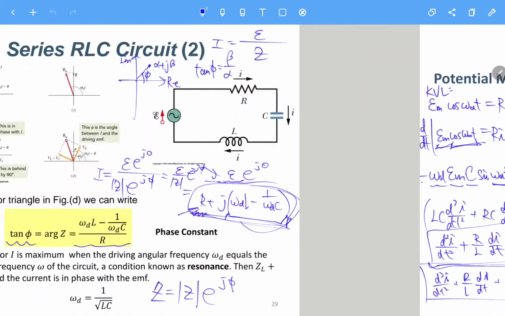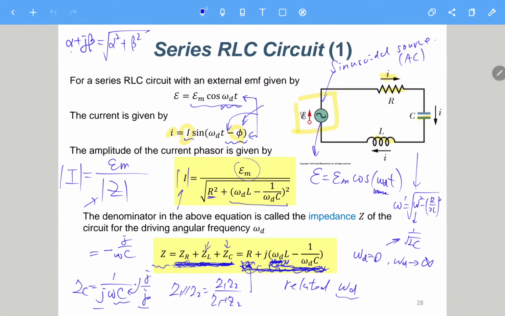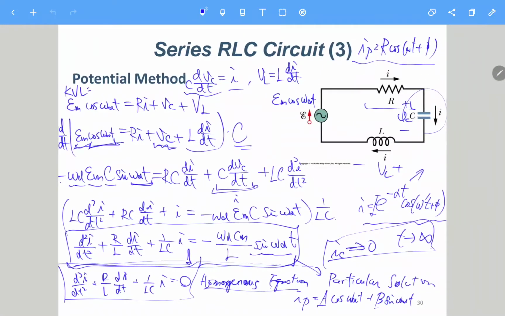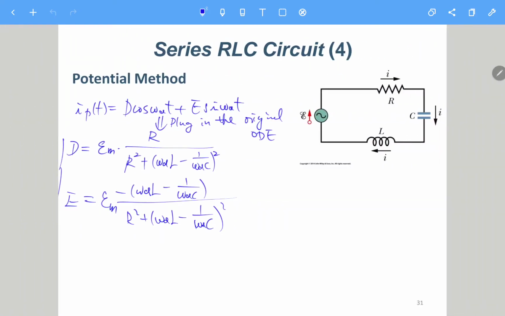So if you don't know anything about the phasor, then you can just take the traditional step, and try to write the KVL for the circuit. It may take some time to really write the correct ODE and then try to solve it, and then finally you may be able to get the correct answer.